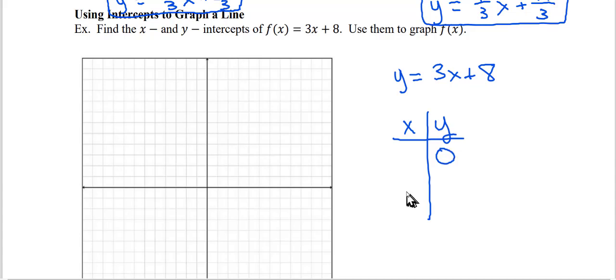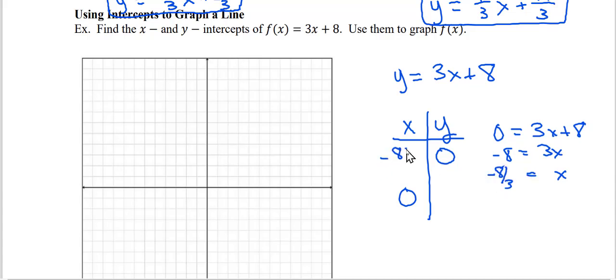Any point on the y-axis has x value of 0. So when I'm looking for my intercepts, I tend to do this kind of table of values and then figure it out from there. When y equals 0, I get 0 equals 3x plus 8. Negative 8 will equal 3x, so x equals negative 8/3.